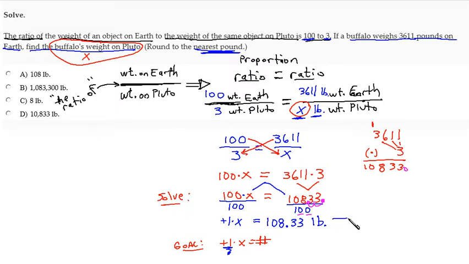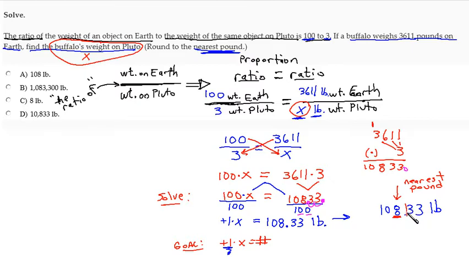So if we had 108.33 pounds, when someone asks us to round to the nearest pound or the nearest whole number, they're asking us about this digit, the ones place.